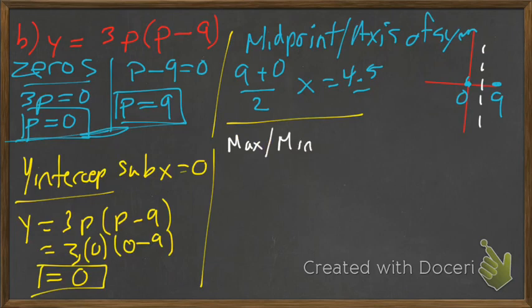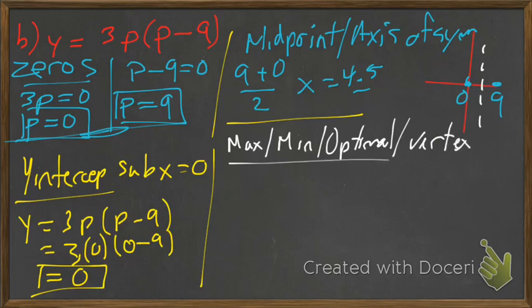Let's try to find our max value, slash min value, slash optimal, slash vertex, whatever you want to call it at this point, all will be accurate. And we sub in midpoint for x.